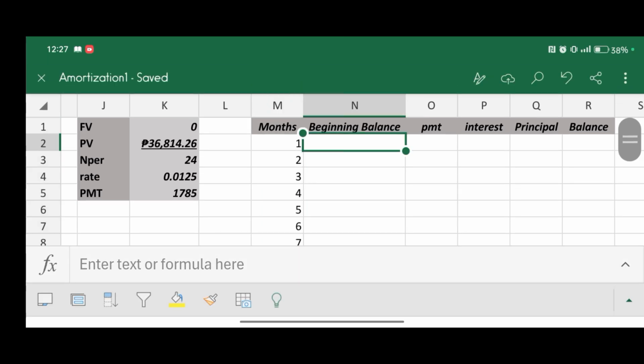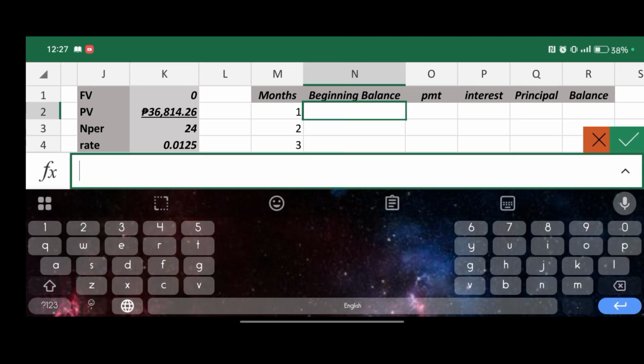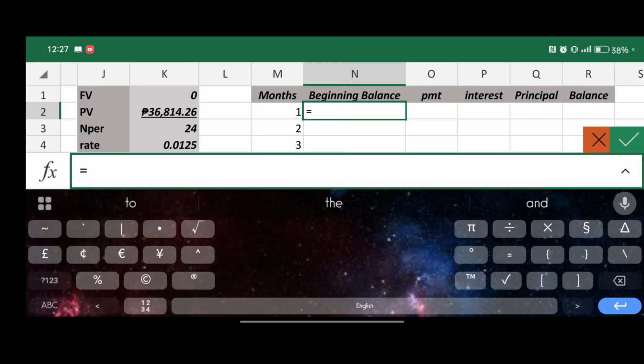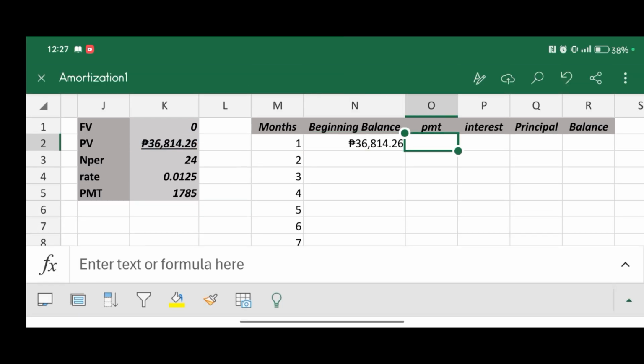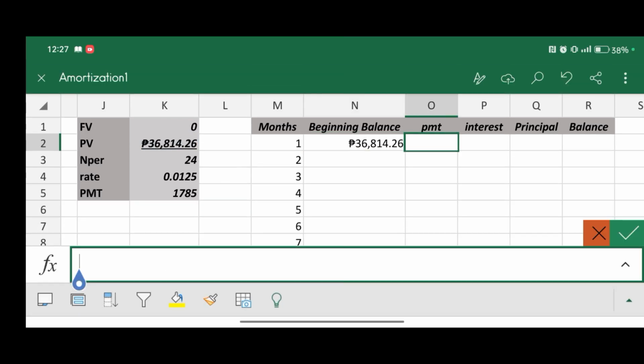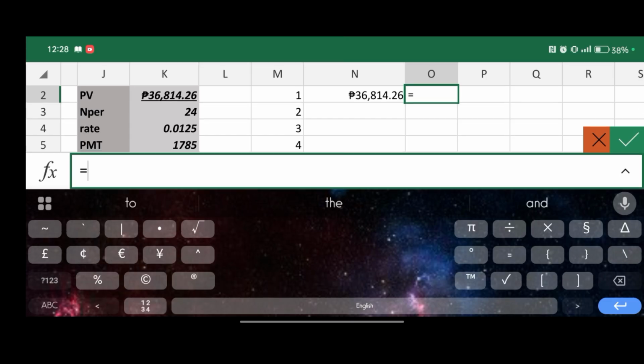Next, the beginning balance is the present value or the original debt. So that means we put an equal sign and the corresponding cell for the present value. Then enter. The same goes with the PMT or the payment: an equal sign, then the PMT.